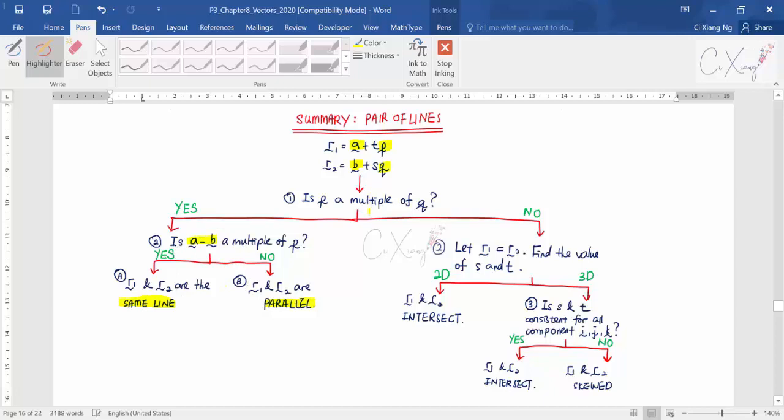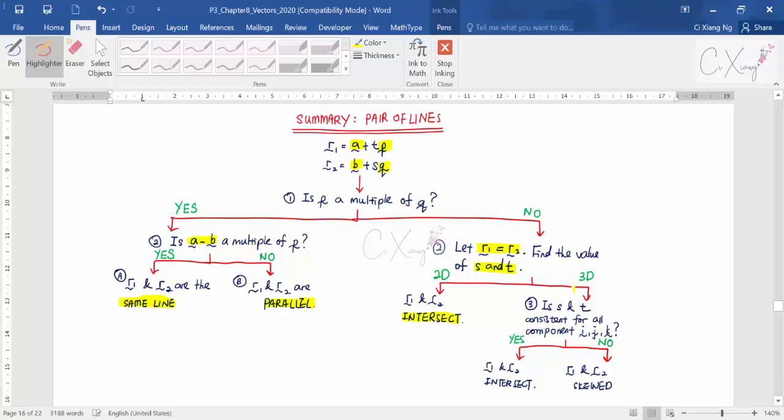Okay, so we go back to the no answer just now. If, let's say, P is not a multiple of Q, then the next thing that you need to double check is you let R1 equal R2 and find the value of S and T. In the 2D cases, very easily, you can make a conclusion that R1 and R2 intersect.